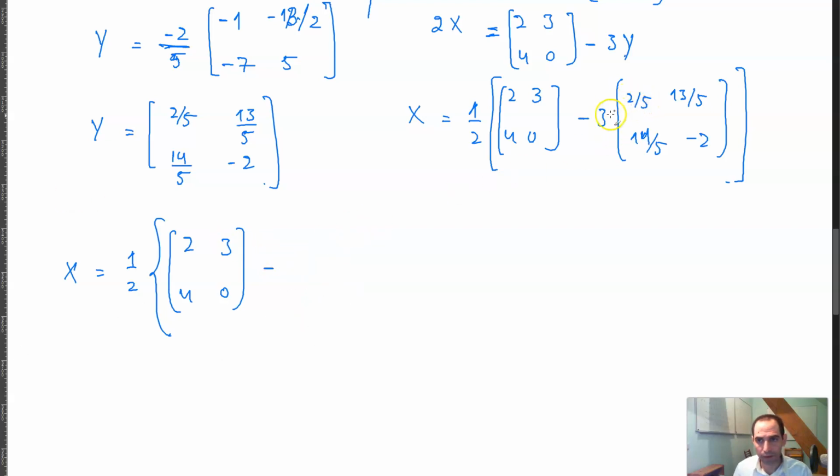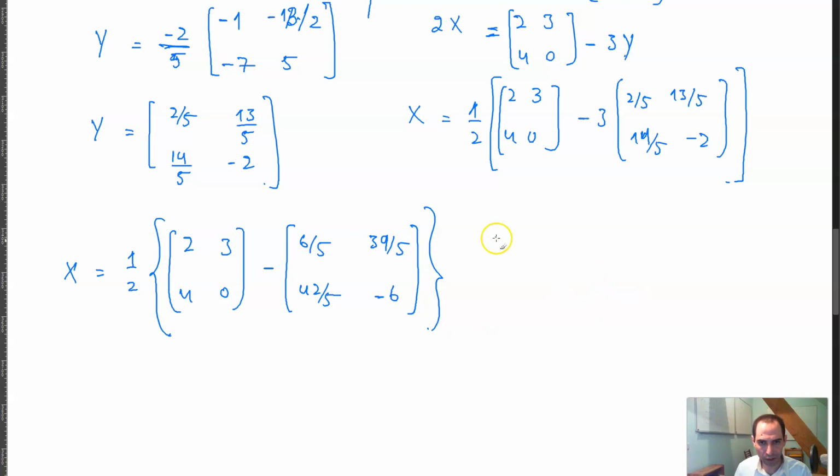So that is basically 6 fifths. 13 times 3 is equal to 39 fifths. 14 times 3 is equal to 42 fifths. And that's negative 6.